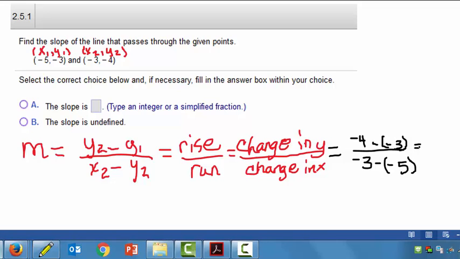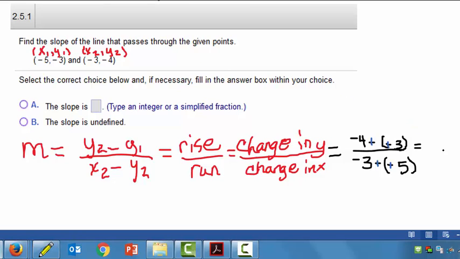So negative 4 minus negative 3 is the same as negative 4 plus positive 3. Negative 3 minus negative 5 is the same as negative 3 plus positive 5.